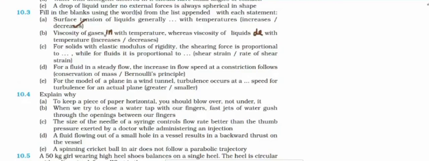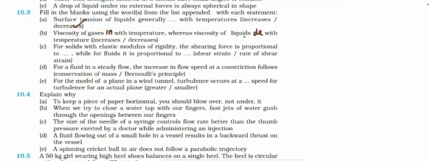Already gas is at a very low density. As the molecular motion increases, the possibility of gas molecules coming close to each other is high at high temperature. While in the case of liquids, when the molecular motion increases, the liquid molecules have a tendency to move away from each other because of the increase in their speeds.